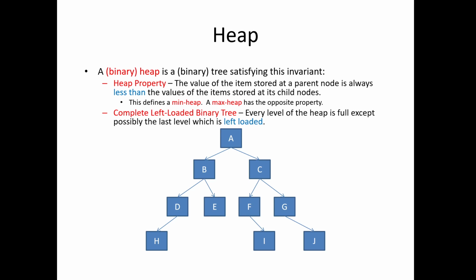This heap, as I've defined here, a binary heap, can be defined by an invariant, as we've defined other data structures in this series. Remember, an invariant is a property or a set of properties that does not change or does not vary as operations are performed on our data structure.